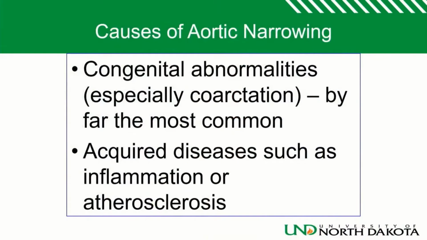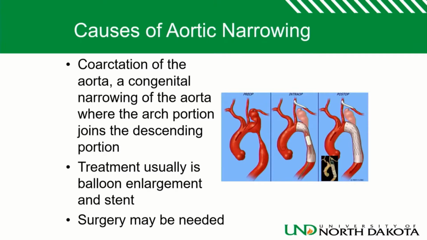The most common cause of narrowing of the aorta is, as I mentioned, a congenital abnormality, and the most common is so-called coarctation. In rare cases, we can see acquired diseases such as inflammation or hardening of the arteries causing this, but the most common by far is coarctation.